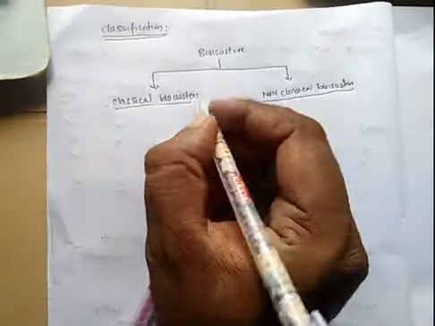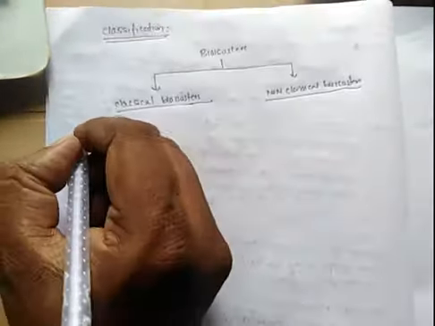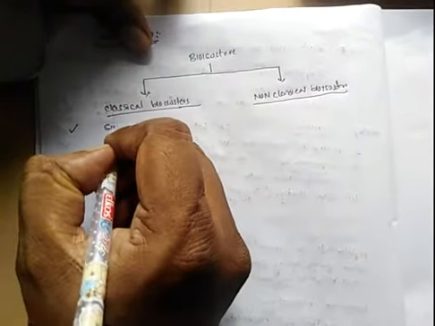So what is the difference between classical and non-classical? Classical bioisosteres have similar shape and similar electronic configuration of atoms.